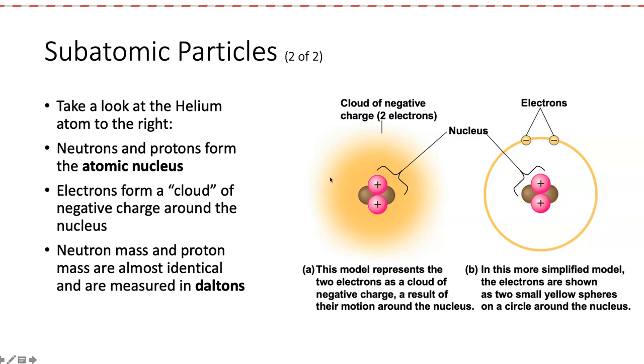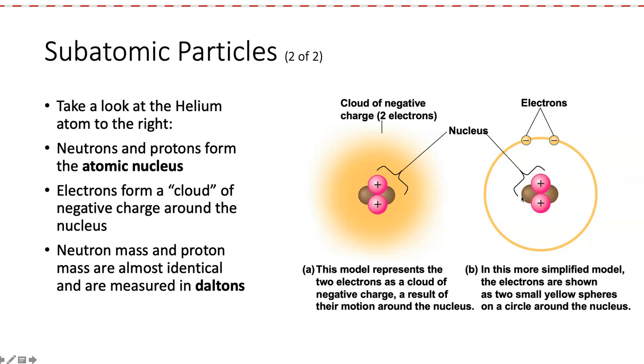This is actually a fairly good diagram of what they look like, but we like to simplify the way the electrons are graphed around a nucleus, so we often put them as rings around the nucleus. But again, they form more of a cloud than a ring. So remember, electrons are negative, protons are positive, and neutrons are neutral.